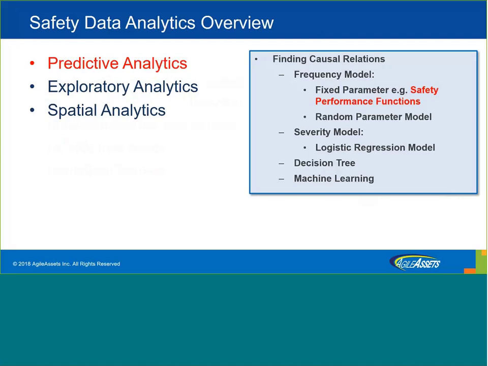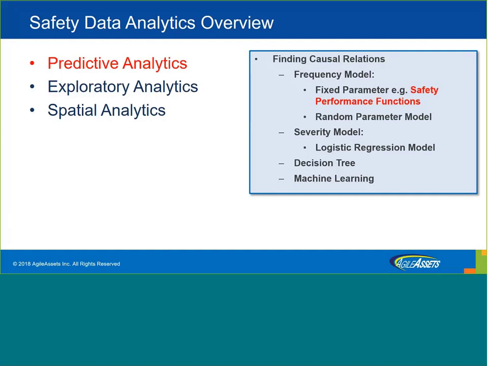The frequency model that we have can be a fixed parameter model or it can be a random parameter model. What we mean by fixed and random parameter is, if it is a fixed parameter, then the effect of a variable is fixed across geographic regions. It's not changing. So if you develop a model in Texas, for example, if it is a fixed effect model, then the same model will be applicable to any other state, like say Minnesota.